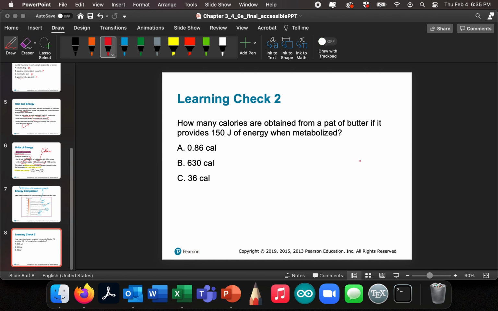Okay, so the question is how many calories, right? And so I'm going to do the picket fence method because I like it. And I'm even going to do a straight line because I like it. Okay, and so I'm going to do calories because calories are here. And I'm going to go calories per joule, right? And so joules got to cross off. I got to put that there.